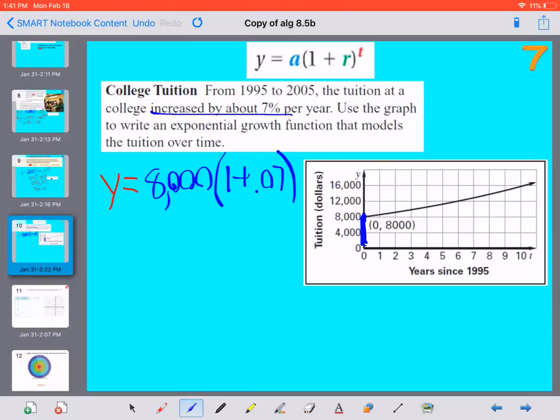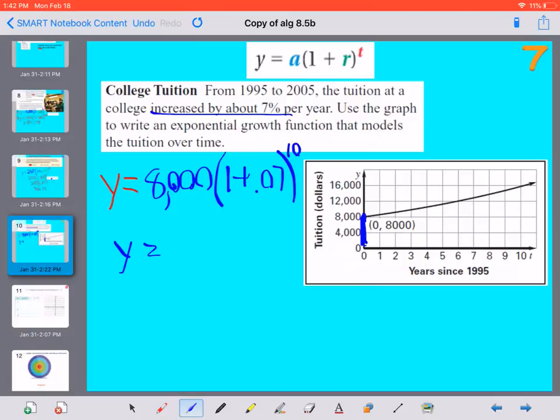And we know our graph is going from 1995 to 2005. So we could find this to the power of 10 to see what our tuition is going to be in 10 years. So if we were to put this in our calculator, it'd be 8,000 times 1 plus 0.07 to the 10th power.